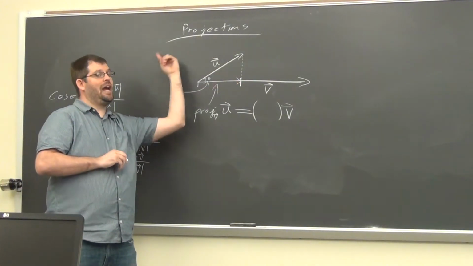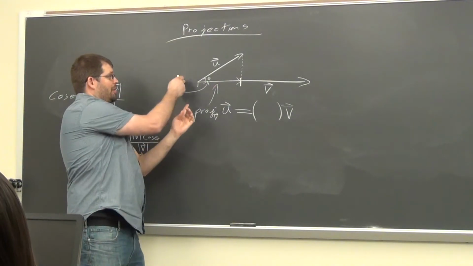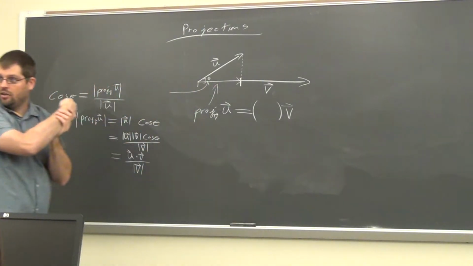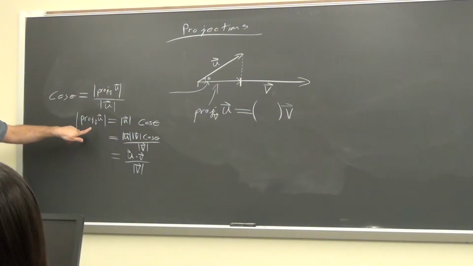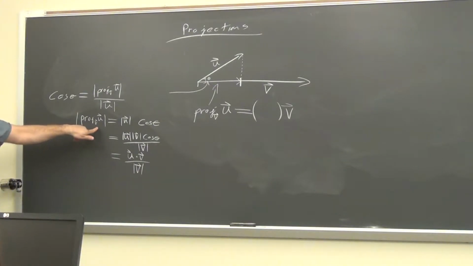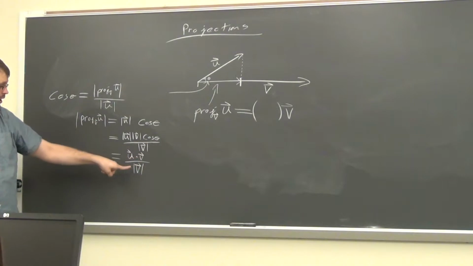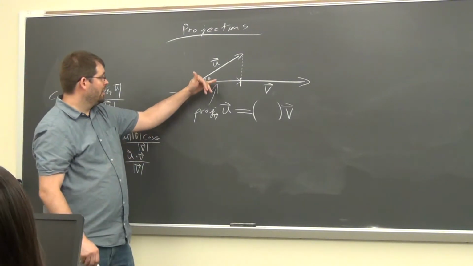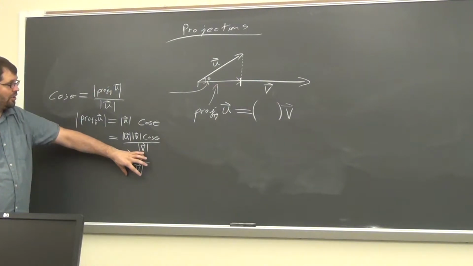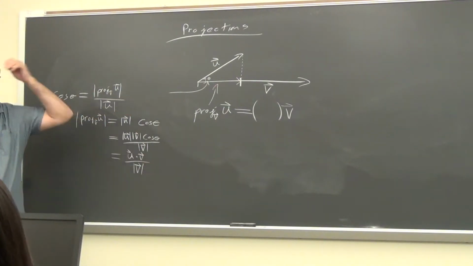But once you pass 90 degrees, you're going to project back this way, and so your thing should be negative. I'm being sloppy with my notation and saying this is the length; it's really the absolute value of that. But when we add it in here, we want this. So we want a vector of this length in the direction of v.